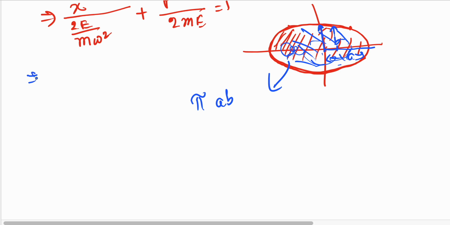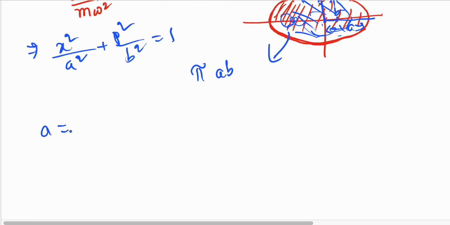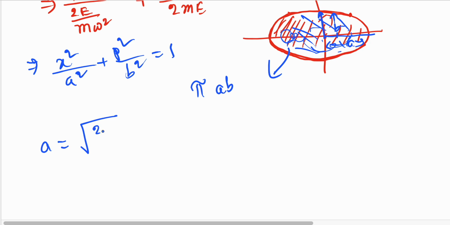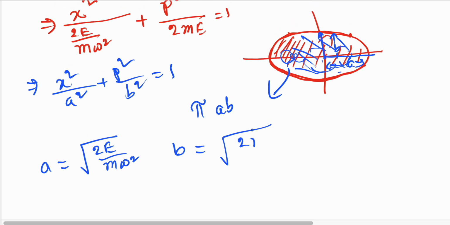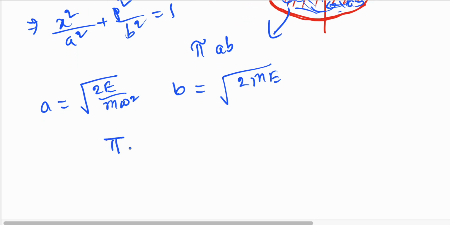We know the equation of the ellipse, x square by a square plus p square by b square equal to 1. So a equals root over 2E by m omega square, and b is root over 2mE. So the total area covered equals pi a into b.